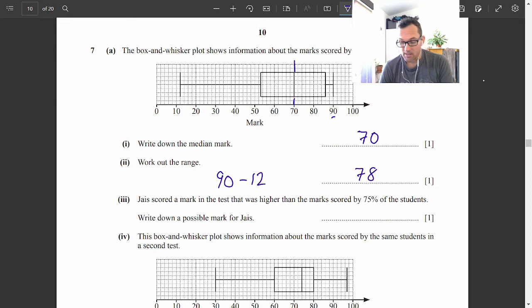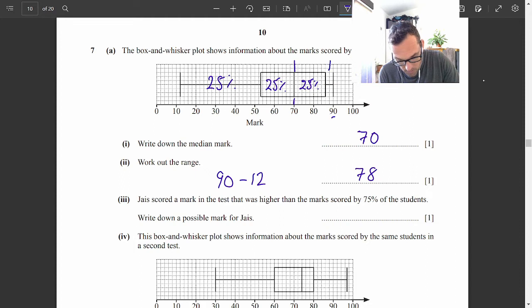Okay, then Jais scored a mark in the test that was higher than the mark scored by 75% of the students. Write down a possible mark for Jais. So there's more than one correct answer here, but what they want you to recognize is that the lower quartile counts for 25%. Then just below the median, that's another 25%. Between the upper quartile and the median is another 25%.